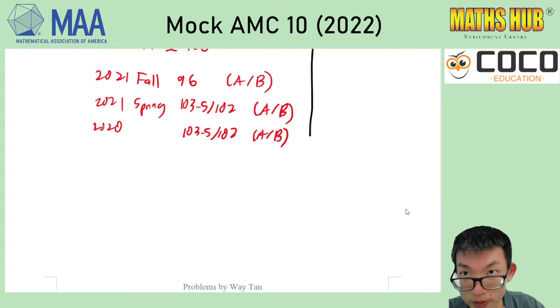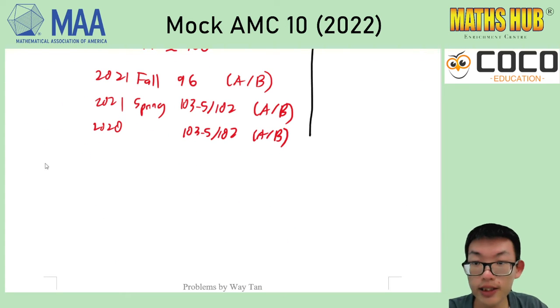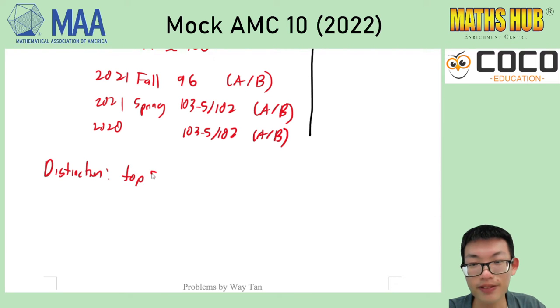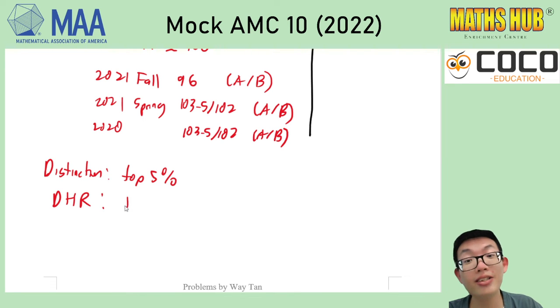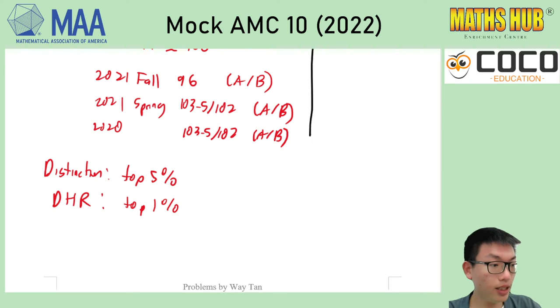There are also two other awards: Distinction, which is the top 5%, and the Distinguished Honor Roll, fancy sounding, normally abbreviated as DHR, that's the top 1%. Approximately, if you are trying to get a distinction, that is not very far off from the AIME cutoff.